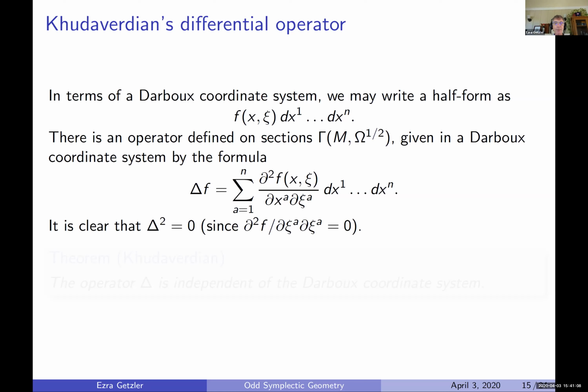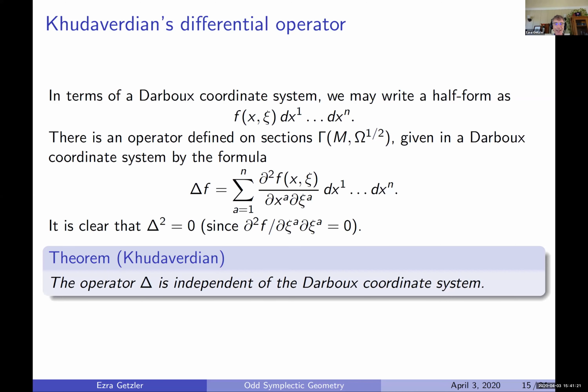So I'll leave you to use, what's the name of the theorem? The partial derivatives with respect to coordinates graded commute. Clairaut's theorem, if any of you are teaching first year calculus this term. Okay, so Khudaverdian proves a quite remarkable result, not a particularly simple theorem. You need to basically have a good grip on how Darboux coordinate systems can change into each other.